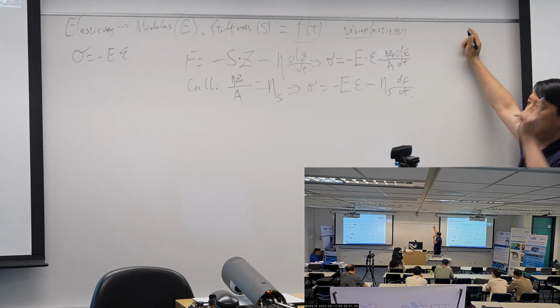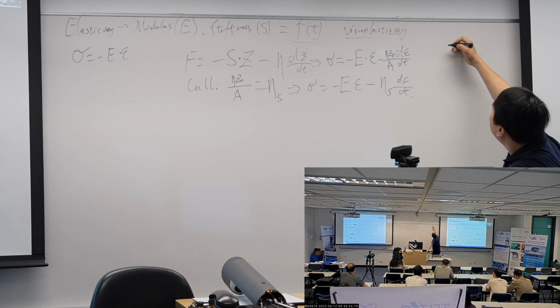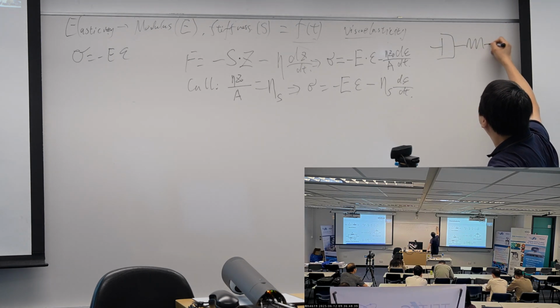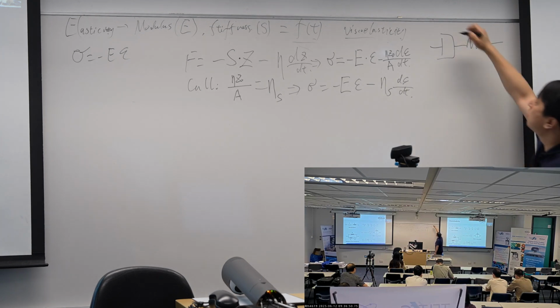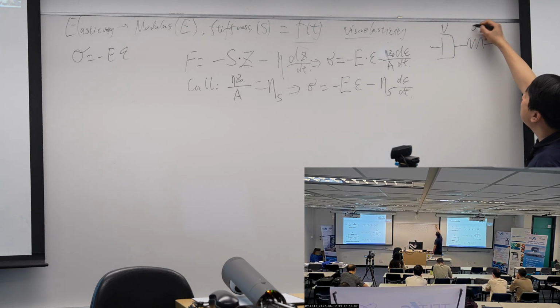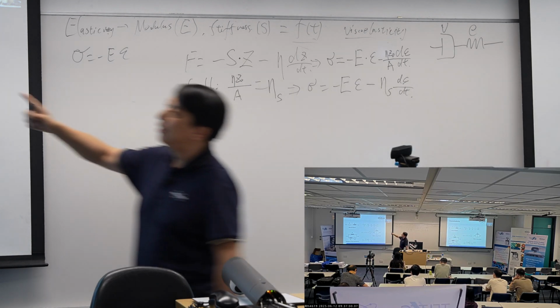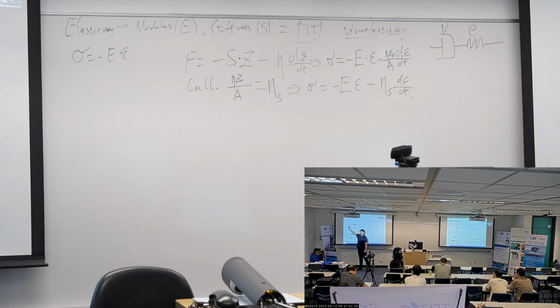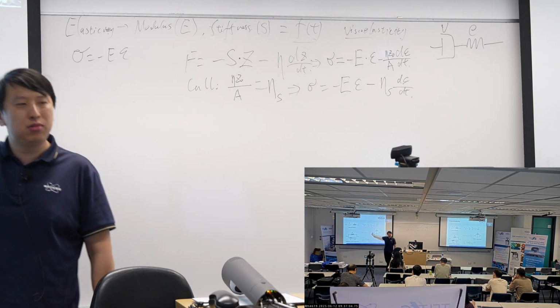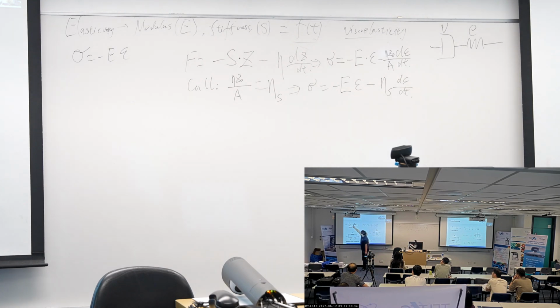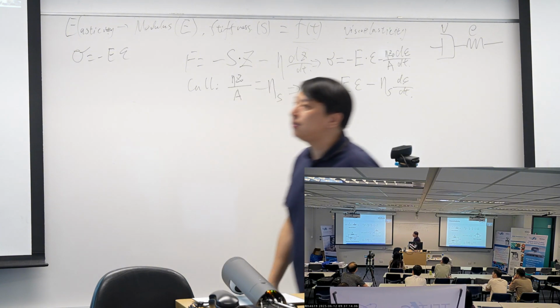So I think of it as a serial connection of a viscous part and an elastic part. For the viscous part, they call this one a damper. And he used a spring to represent the elasticity.